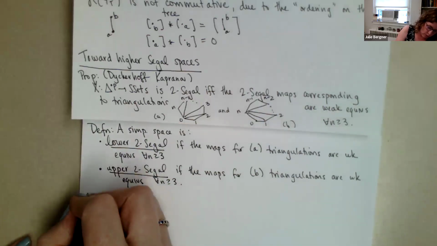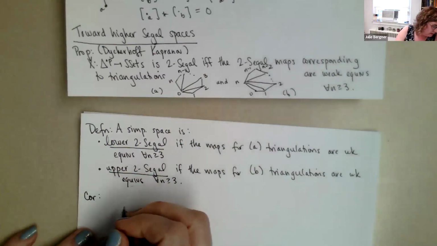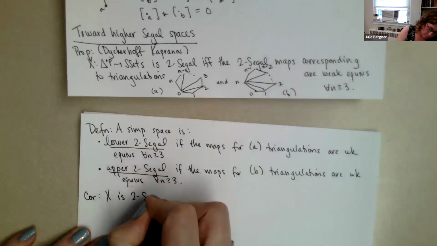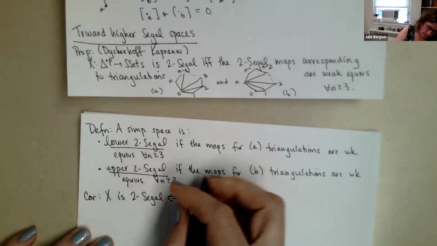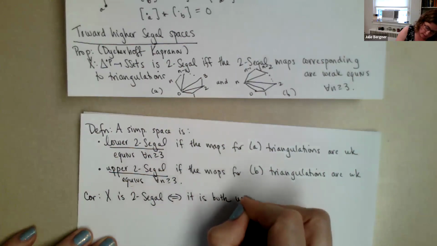Okay, and so a corollary of that proposition is that X is 2-Segal if and only if it is both upper and lower 2-Segal.